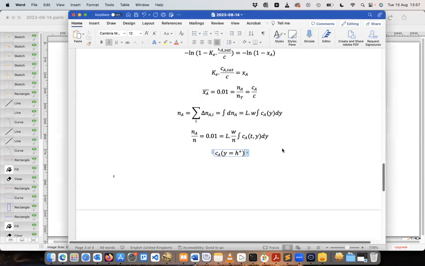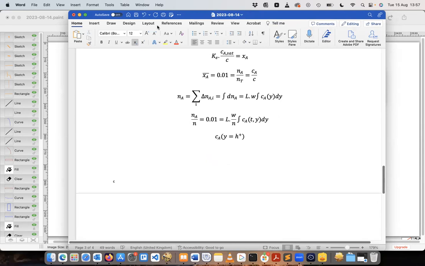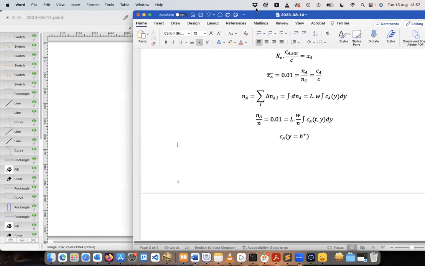So what we want to look at next time is cylindrical coordinates, flow in a pipeline under conditions.